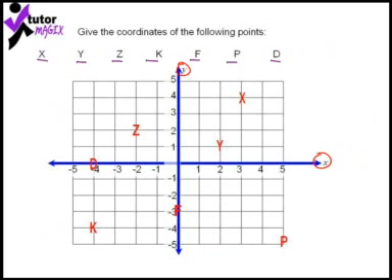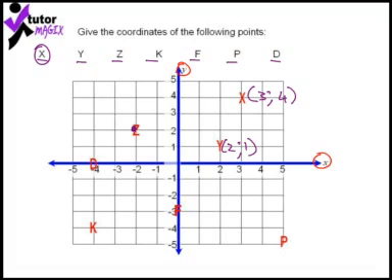Now looking at the original question that we started with, this is exactly what they're asking. Provide the coordinates of point x. We can see that it is 3 on the x-axis and 4 on the y-axis. Y is 2 on the x-axis and 1 on the y-axis.